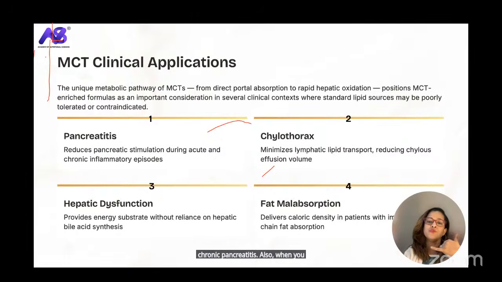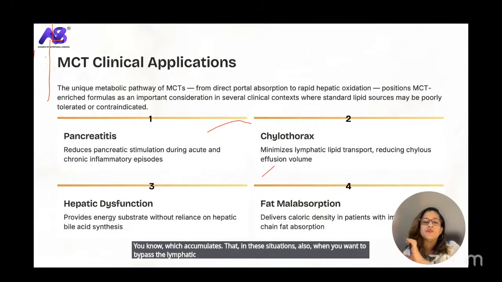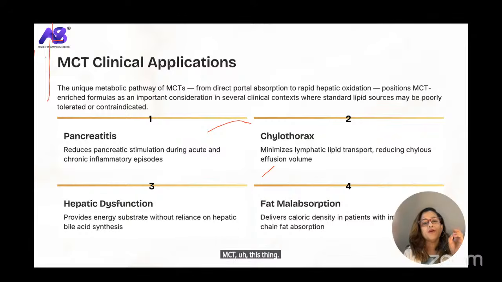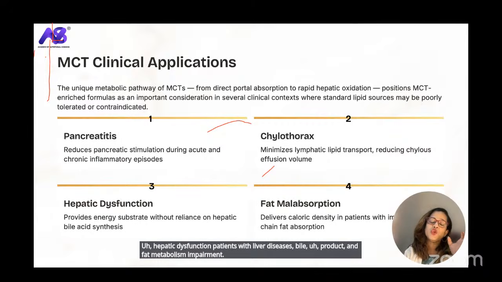Also, when you're talking about chylothorax, where there is a lymphatic fluid rich in fats, a chyle leak, which accumulates, in these situations also, when you want to bypass the lymphatic transport system, you can use MCT as a source of fat. In hepatic dysfunction, patients with liver disease, bile production and fat metabolism impairment, they too can benefit.